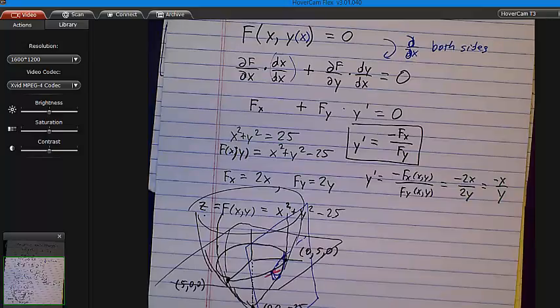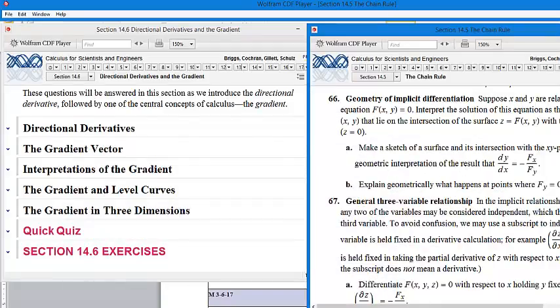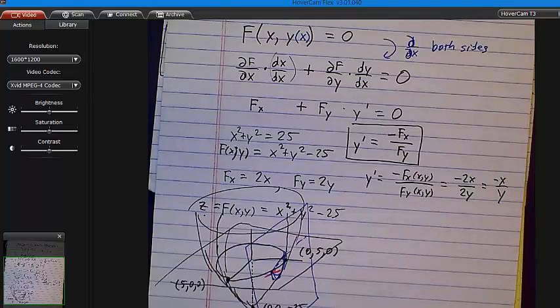Let's see what else it asks me to do. Give a geometric interpretation of the result that y prime is negative fx over fy. Explain geometrically what happens at points where fy equals 0. Well, maybe we can do that for our example.